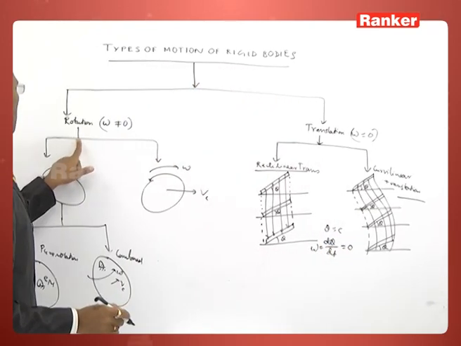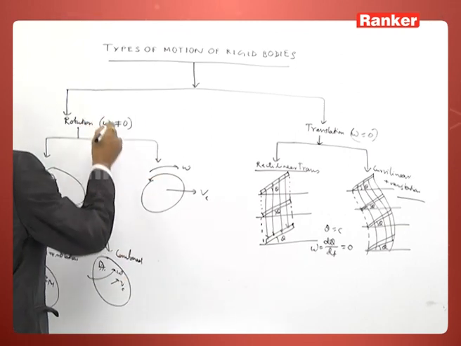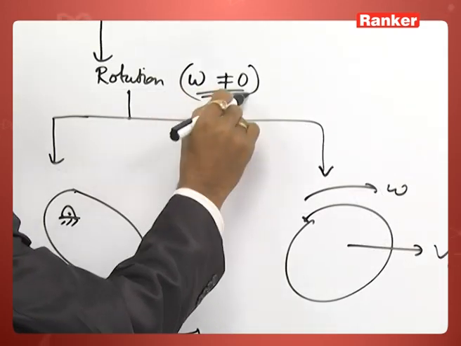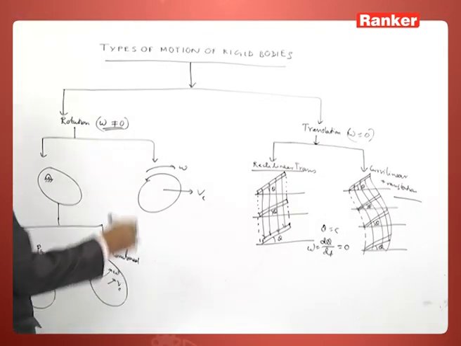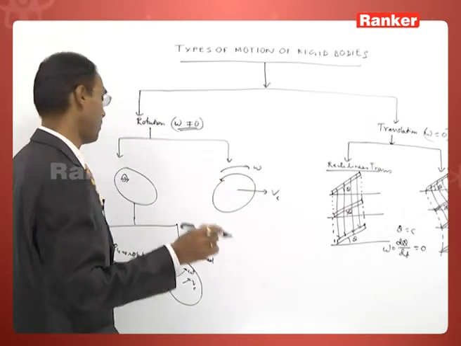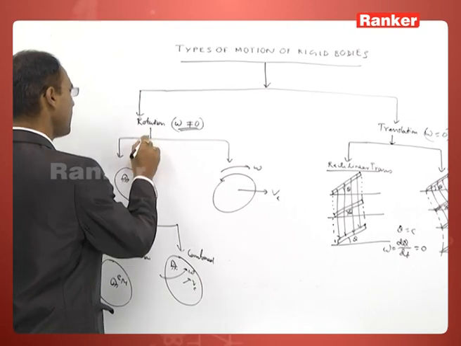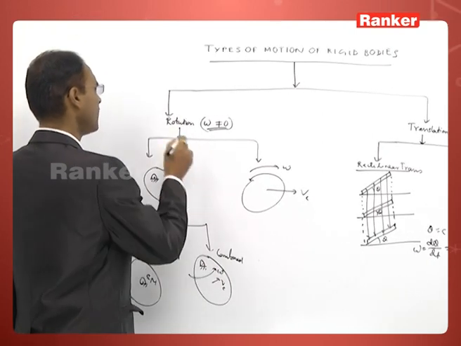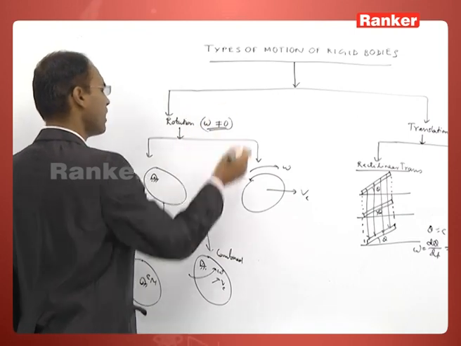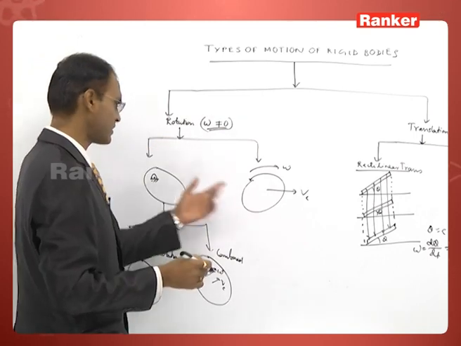Now come to the rotational part. A body is said to be rotating when its angular velocity is non-zero, but that doesn't mean the velocity of the center of mass will always be 0. So we define rotation when the rigid body possesses non-zero angular velocity, and this can be subdivided into two parts.